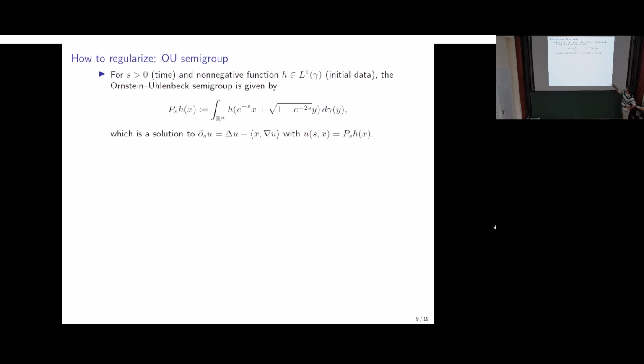Then actually P_s h solves that equation. Then, remember that if you consider F_s, which is the product of P_s h times the Gaussian gamma, then this F_s is actually the Fokker-Planck solution with initial data h times gamma. So the Ornstein-Uhlenbeck semigroup is almost the same as the Fokker-Planck solution.